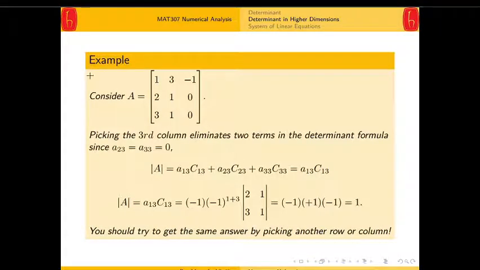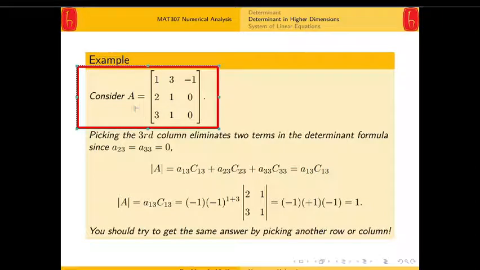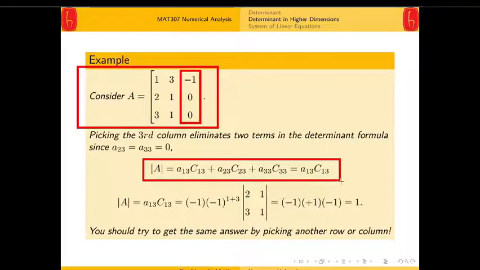So as an example, we have this matrix and we want to find its determinant. If we pick this column, we will have 2 zeros already. So when we take the determinant, we don't have to worry about finding cofactors corresponding to these entries. The determinant will be A13 times the cofactor C13, plus A23 times C23, plus A33 times C33.